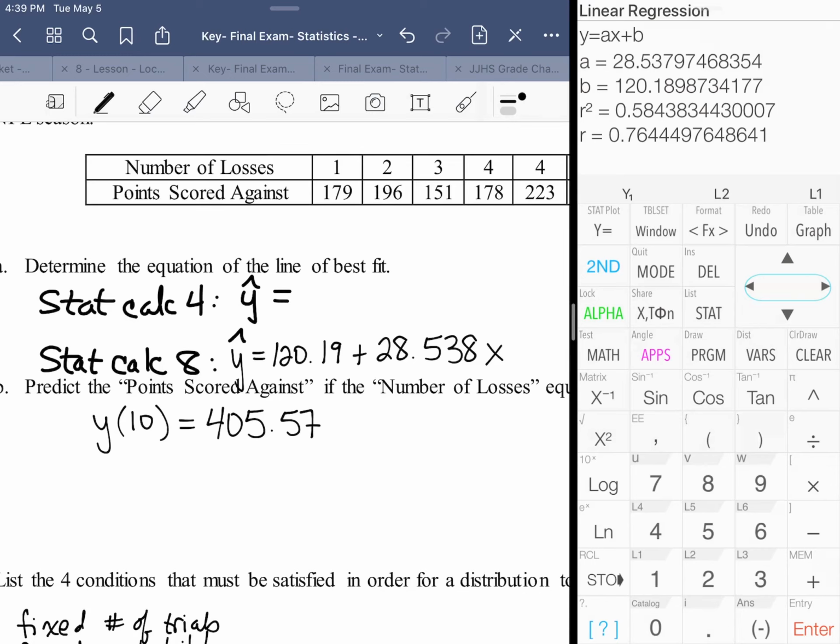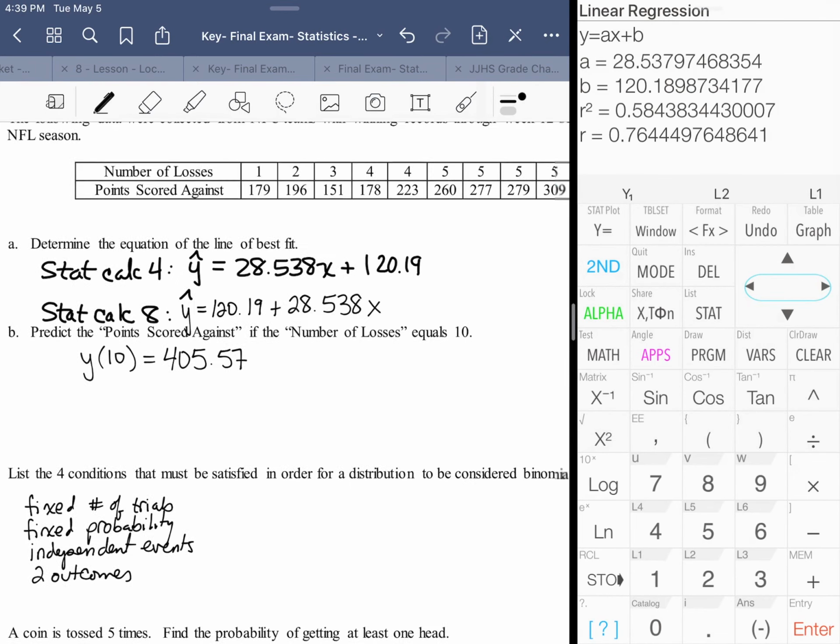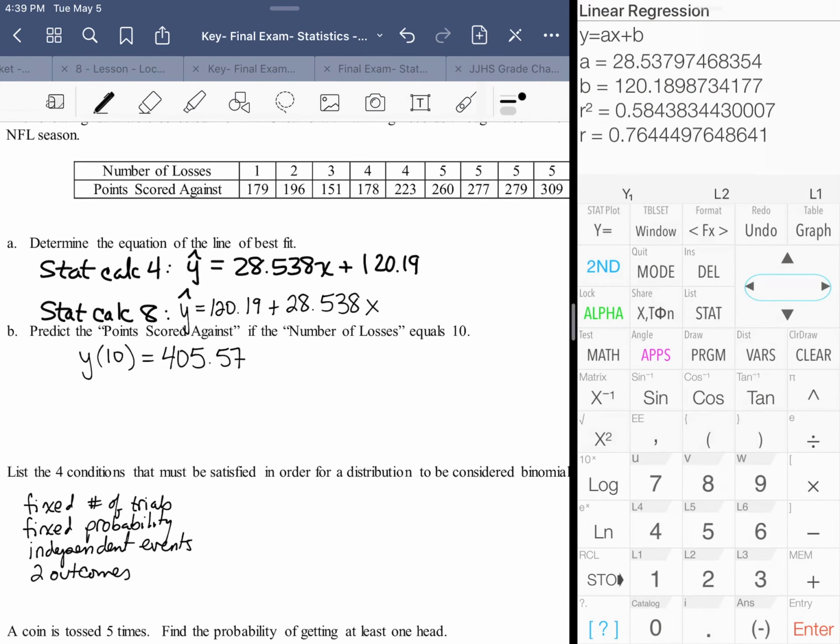StatCalc 4 gives you what we just came up with, which is the same information, just slightly organized differently. So Y hat would be 28.538 X plus 120 point, and that would round, if we're going to 3 significant digits, to 19.